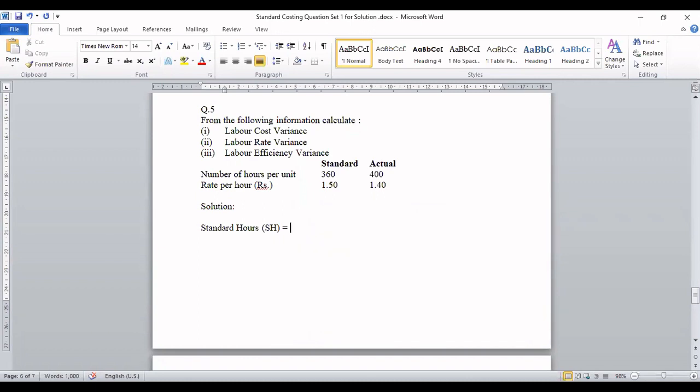What is the value of standard hours? 360 hours. The second one we need is standard rate, which we denote by SR. We have that value: 1.50, so we can write rupees 1.50 per hour.